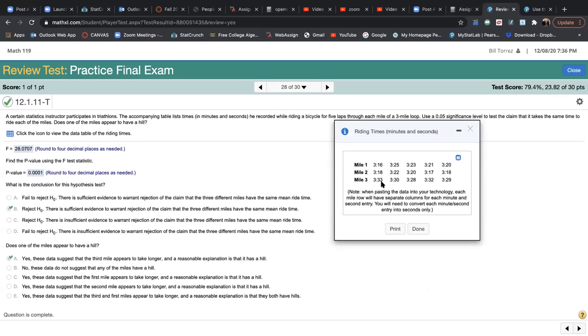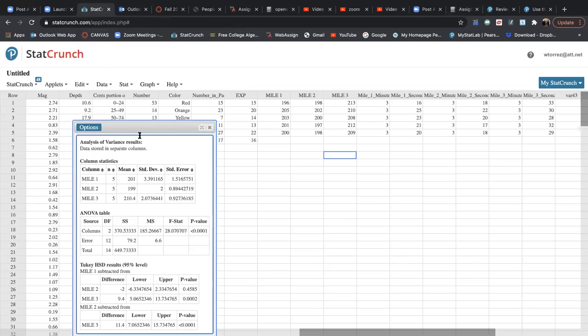You can see that for mile 3, there's a slightly higher mean. Not actually slightly higher, but in terms of seconds, it seems slight.